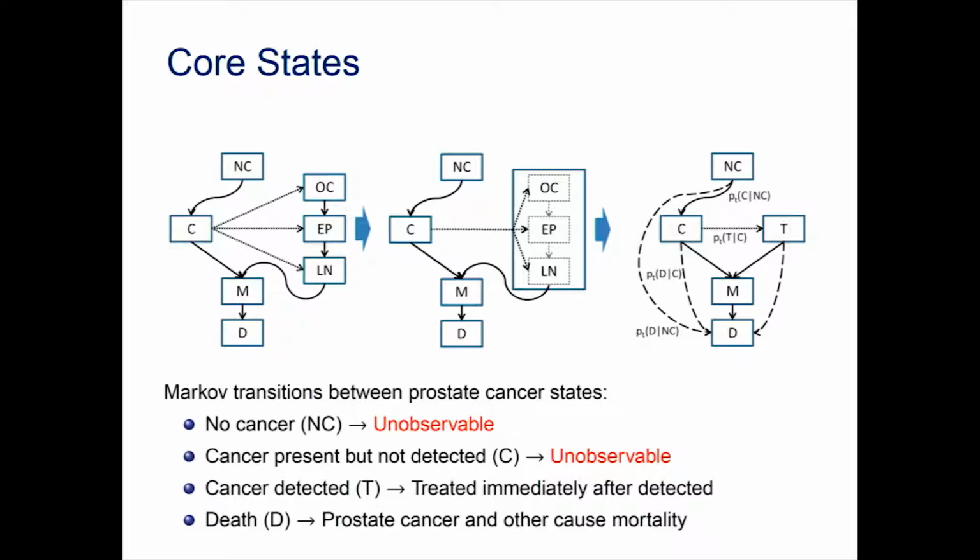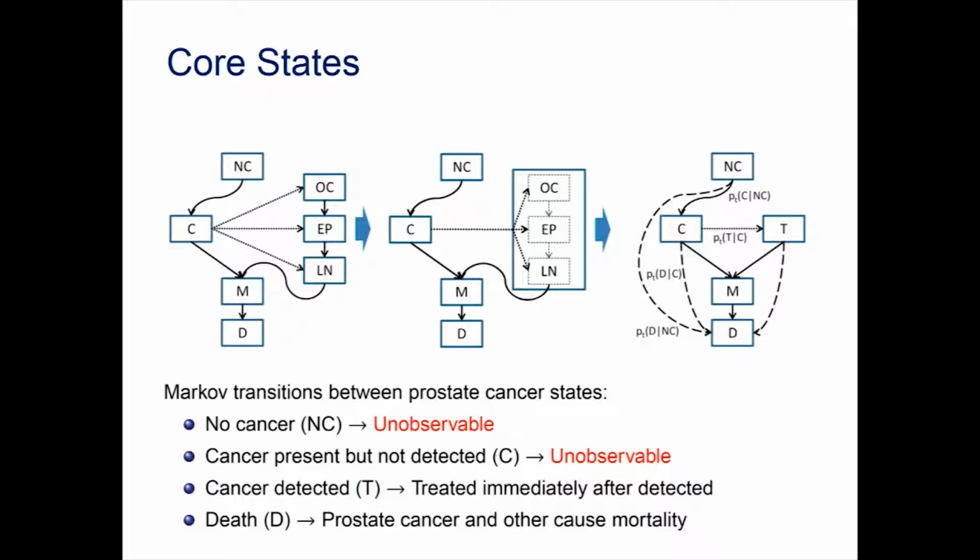Okay, so this is one of the first problems my group worked on. From the cancer state, it could progress to metastatic cancer, and then a patient could die from cancer or from other causes. I'm not showing all the lines here.